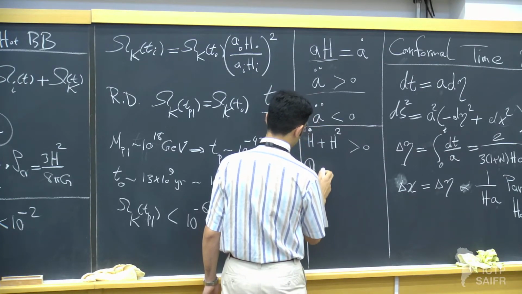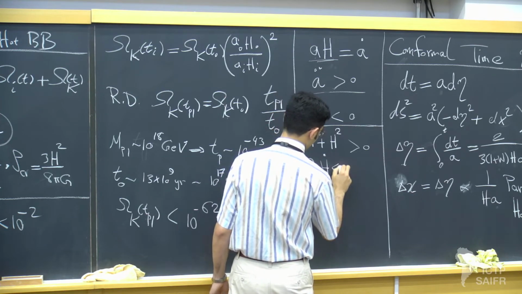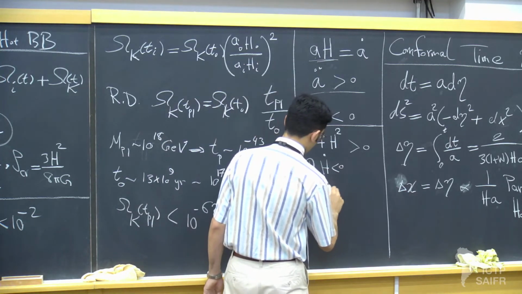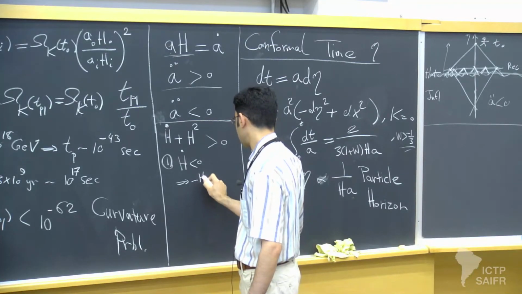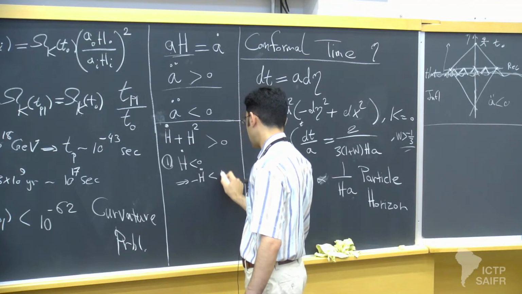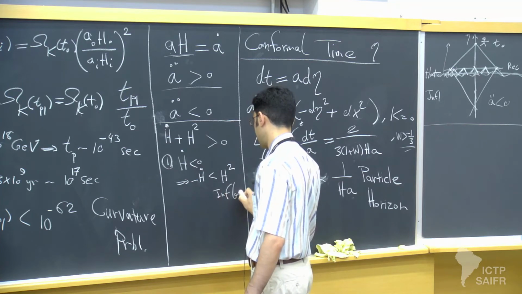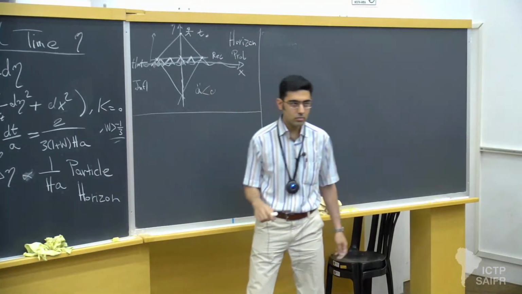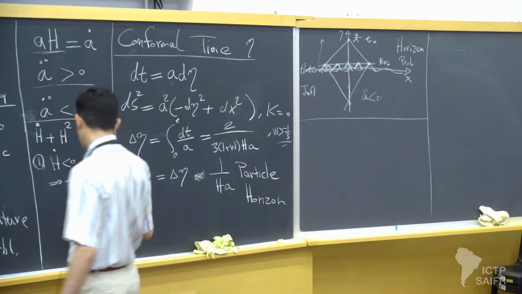Option number 1 is that H dot is negative, and therefore we want minus H dot to be less than H squared. This is what I call inflation. And we are going to talk a lot about it.